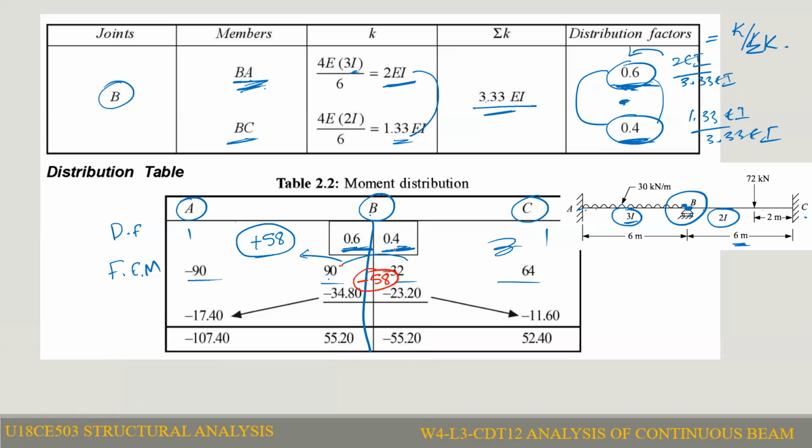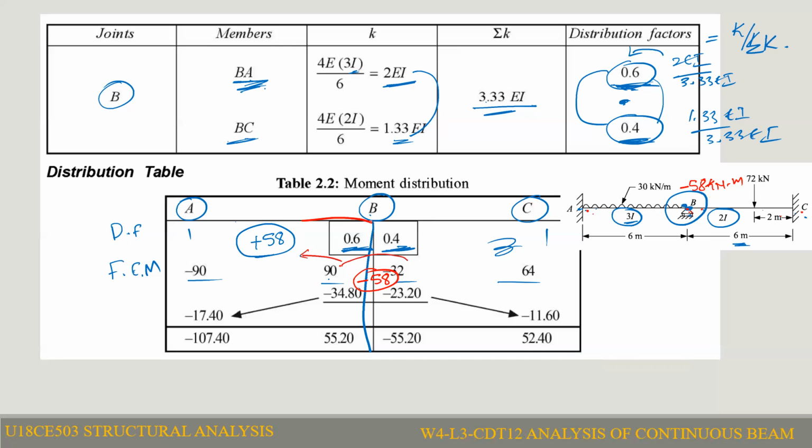Because of the application of minus 58 kilonewton meter at joint B, some of the moment will transfer to the BA member and some to the BC member. How will it transfer? It is based on the distribution factor. How do we calculate how much moment is transferred to BA and how much to BC?